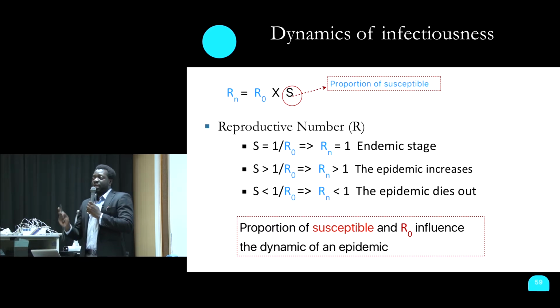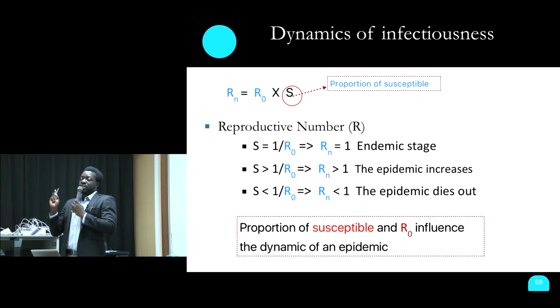So how many people are susceptible in a population is a very key characteristic that will tell you if an infectious disease will take off or not. If everybody here is susceptible, and someone with an infectious disease like influenza comes, we all have the risk of getting the infection.